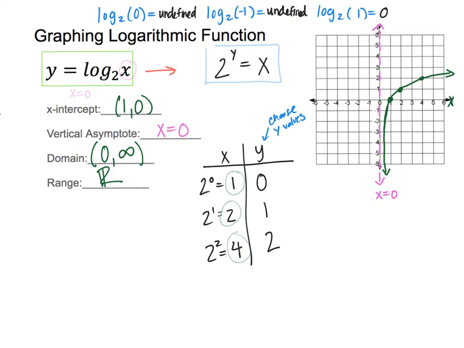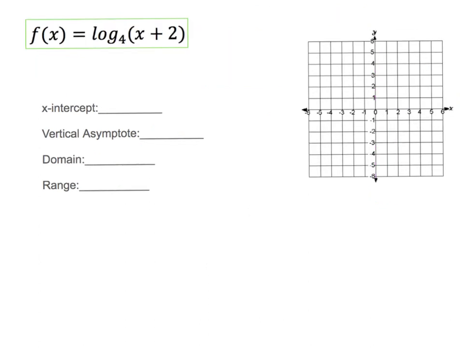All right, so let's do one more of these before we get into the homework here. So this one here, we have a log, and this log has an x plus 2. Now, you might remember me saying this in the last slide, that if you want to find the vertical asymptote, you just take the inside, and you set it equal to 0.